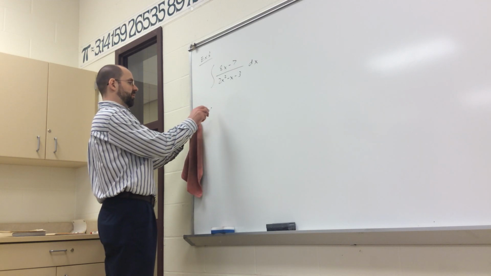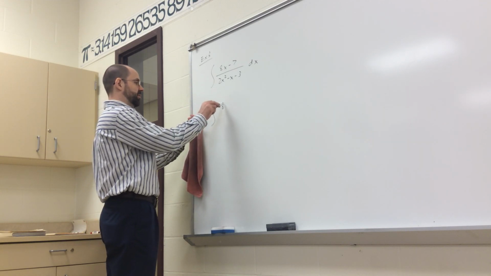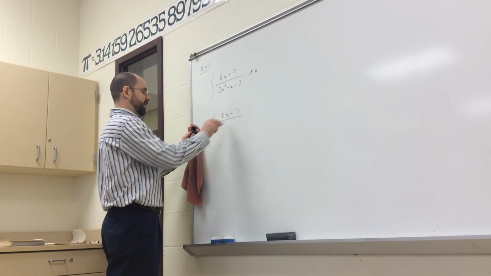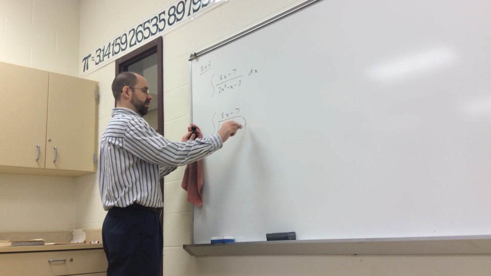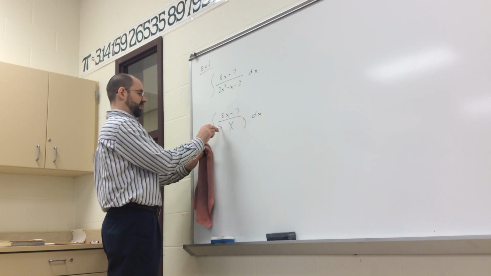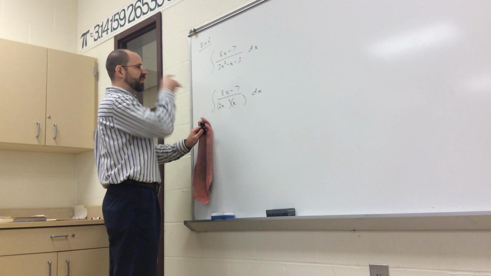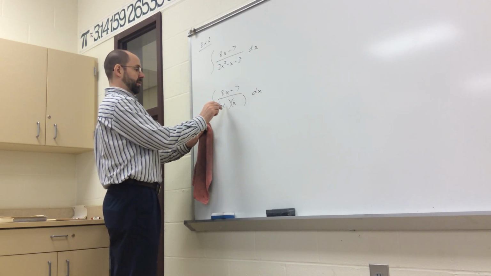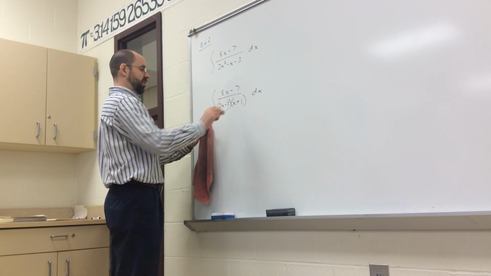Okay, so first step for partial fraction decomposition is to factor the bottom. So this one factors into 2x and x, and negative 3 and positive 1.